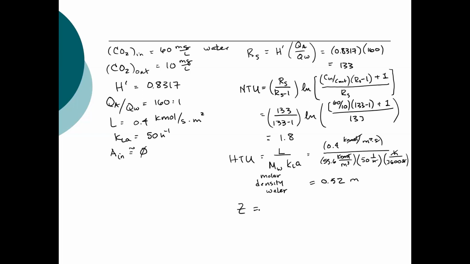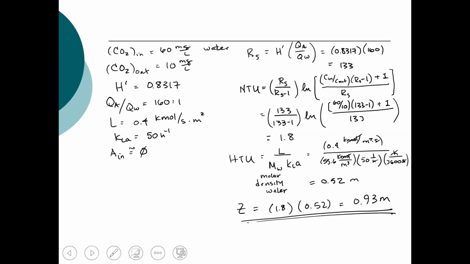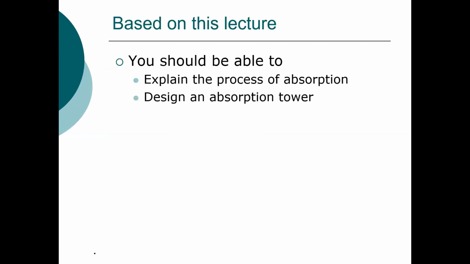And the height of our packed column is 1.8 times 0.52 or 0.93 meters. Okay, so we've determined the height of the column, which is what we sought. There's multiple other approaches, but it gets much more complicated, but we'll leave it at that. And this provides you with some background information also that's helpful with the FE.